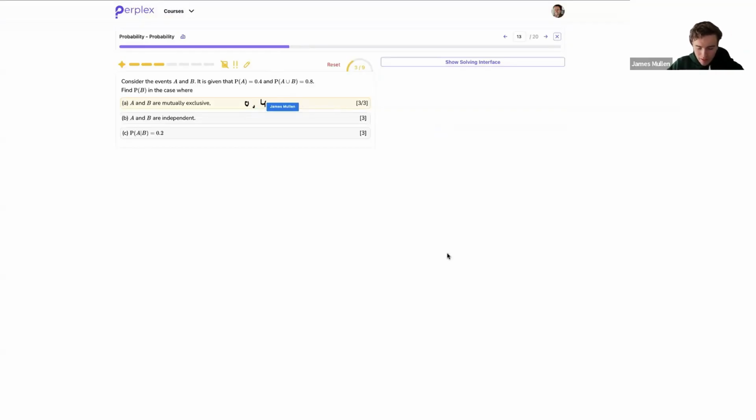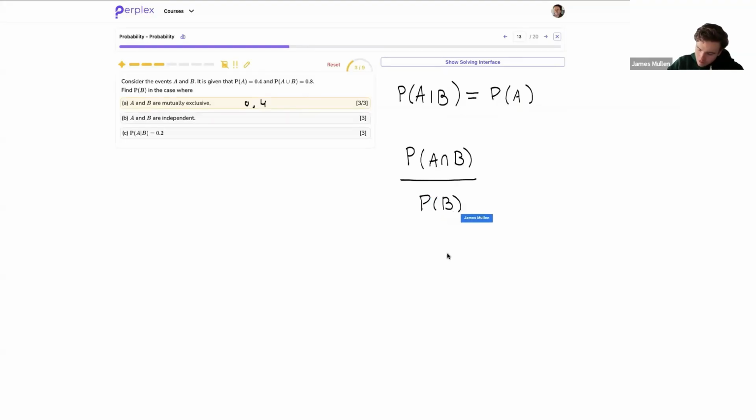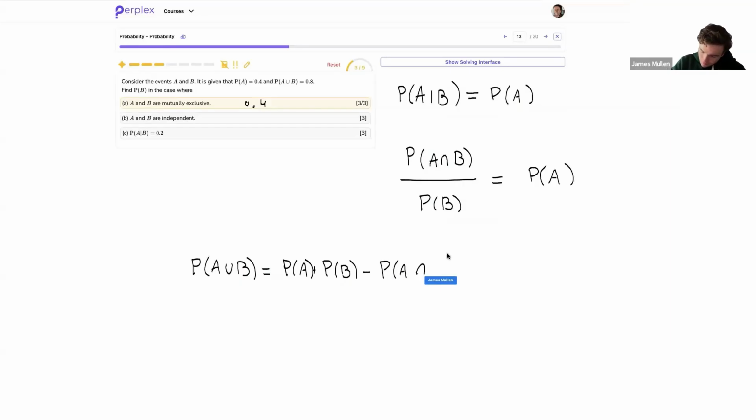Now, in the case where A and B are independent, it means that the conditional probability of P of A given B is the same as P of A. Or in other words, that the probability of A intersection B over P of B is equal to P of A. And the intersection is, well, I can say that P of A union B is equal to P of A plus P of B minus P of the intersection, which means that the intersection on its own, I can say the P of the intersection is equal to, well, P of A is 0.4 plus P of B, and P of the union is 0.8, so minus 0.8.